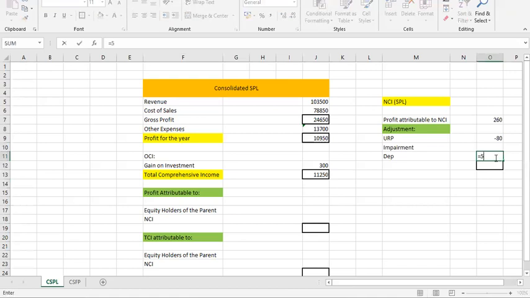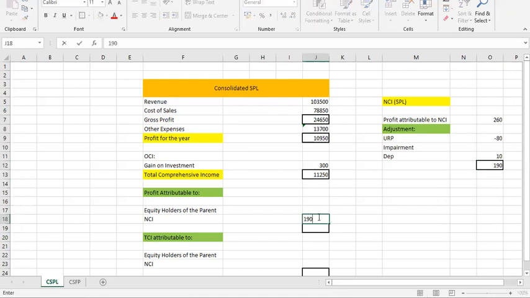So 50 into 0.2, it gives you 10. So it is 190. We have calculated it, 190, from the working.